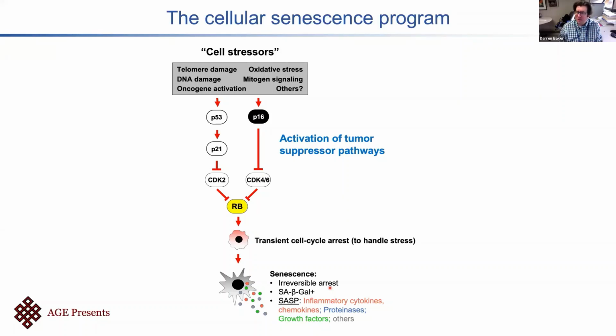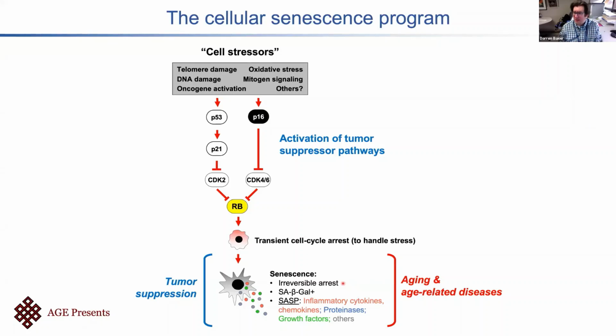So although we think the burden of senescent cells may be quite low within tissues, the thinking is that those limited number of cells that are becoming senescent really can influence a lot of cells in their environment. From a cell intrinsic mechanism, the establishment of senescence is a very potent anti-cancer mechanism. So the idea is if you have a particular type of oncogenic activation or one of these other cell stress signals, if you now promote that cell to go into a spot of becoming irreversibly growth arrested, it will not become neoplastic.